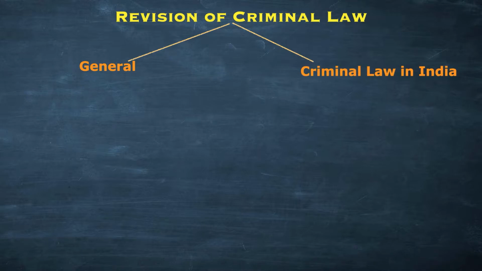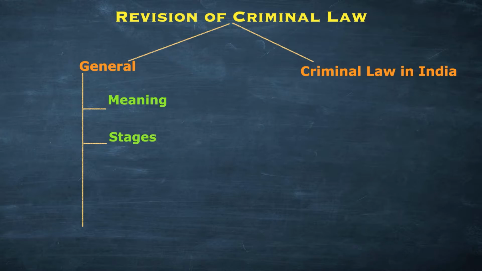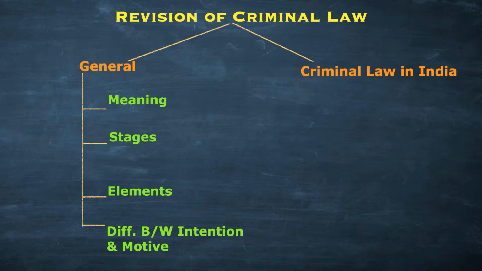Under the first category, we have studied the meaning and concept of crime and criminal law, and then the stages of crime, and then the elements of crime, and then the difference between intention and motive. We have discussed all these at the first level.